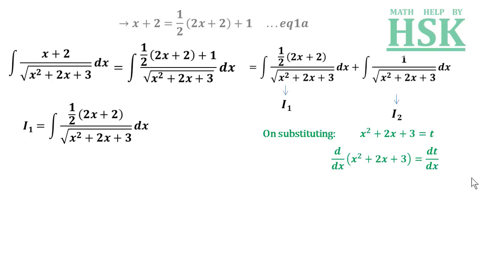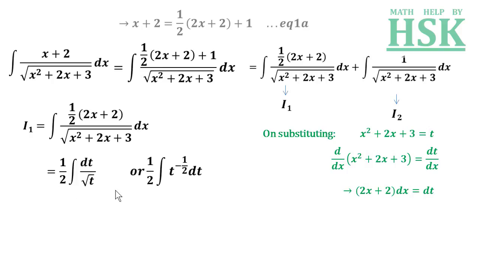Differentiating with respect to x, both sides, I get (2x + 2) dx is equal to dt. So I'm going to replace (2x + 2) dx with dt. 1 by 2 is written outside, and this as square root of t. So I have to obtain the integral like this, or this can be written as 1 upon 2 times the integration of t to the power of minus 1 by 2 dt.